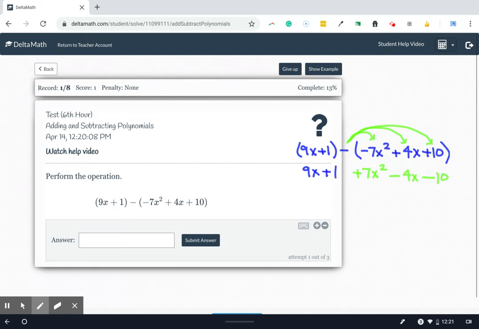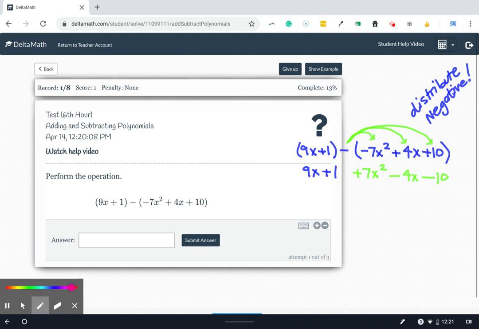Okay, now we have stuff where we're set up to collect like terms. After we deal with the negative, then we get to collect like terms. So let's get going on those like terms.